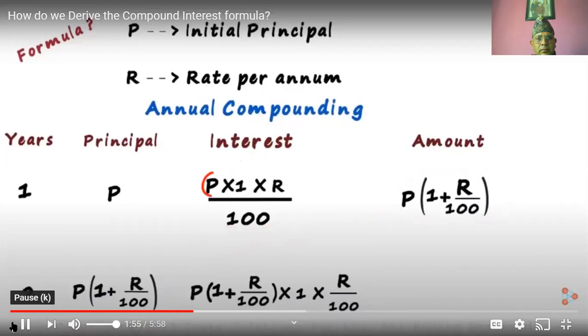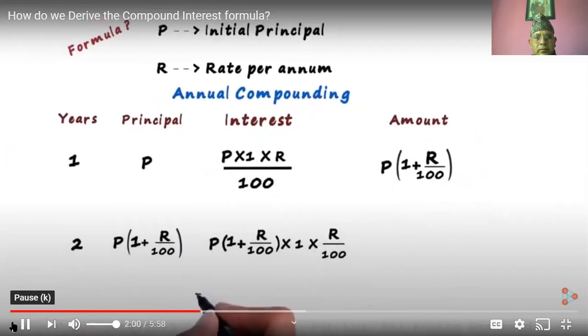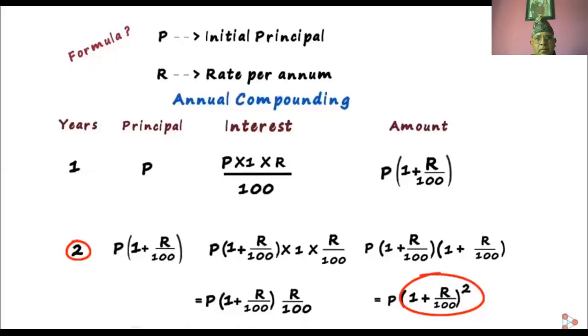Just that instead of P, we use this as our principal, which equals P multiplied by 1 plus R by 100, the whole square. Look at the trend. First year, it is just 1 plus R by 100. In the second year, it is 1 plus R by 100, the whole square. P remains common.